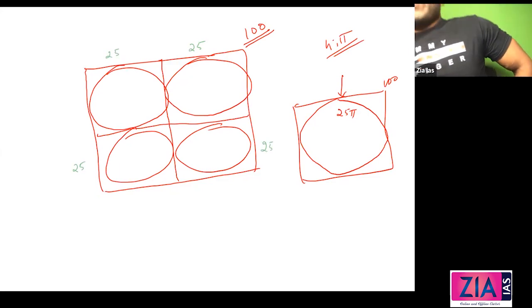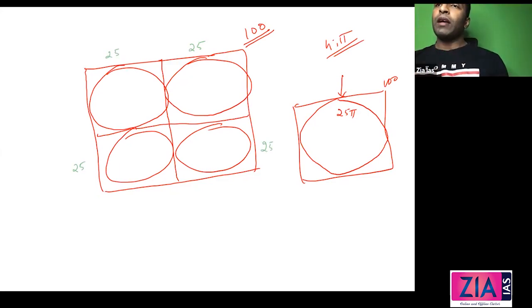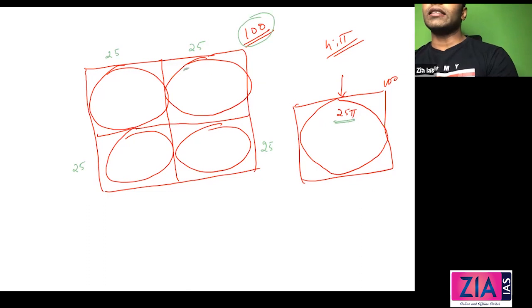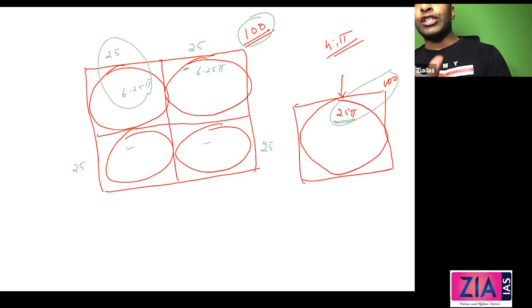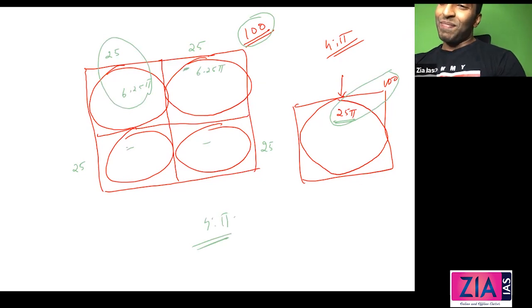Each small square will be 25, yes, because the bigger square is 100, the small squares will be 25. So this is 25 pi. What about these? 6.25 pi, 6.25 pi, like that. The ratio remains the same, guys. What is that? 4 pi. How you're getting that, I have told you, right?